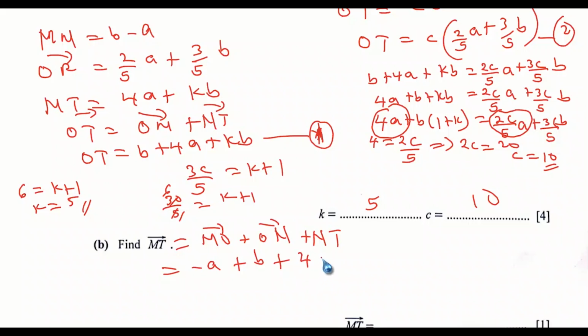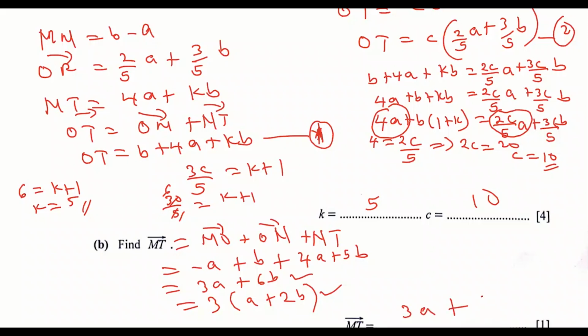If we rearrange, 4a minus a is 3a, then 5b plus b is 6b. We can factor out 3, that will be 3(a + 2b). You can write your answer like this or like this. I'll just leave it as 3a plus 6b.